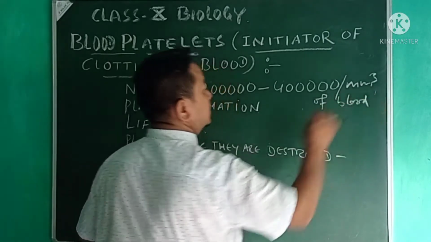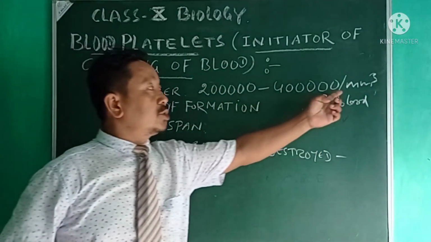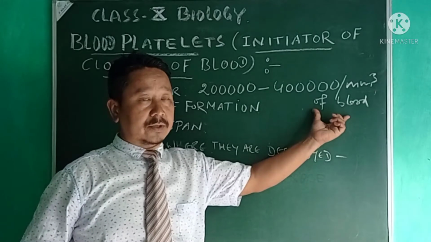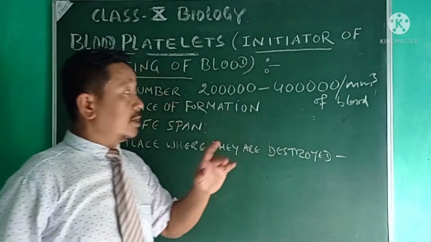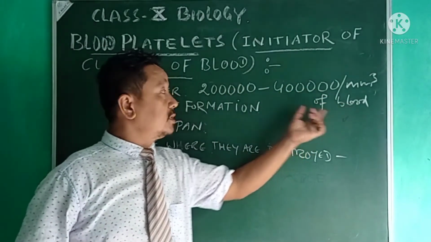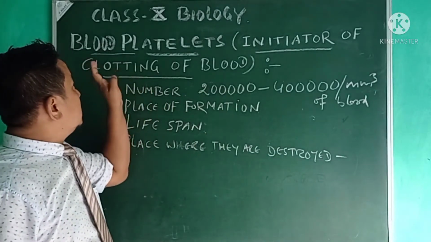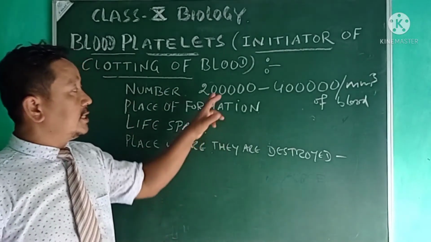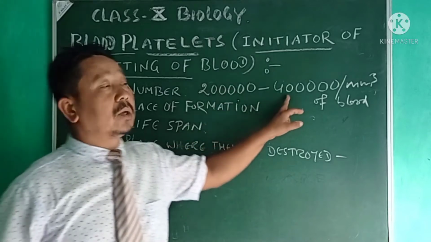So in 1 cubic millimeter of blood, the blood platelet count is 2 lakhs to 4 lakhs.